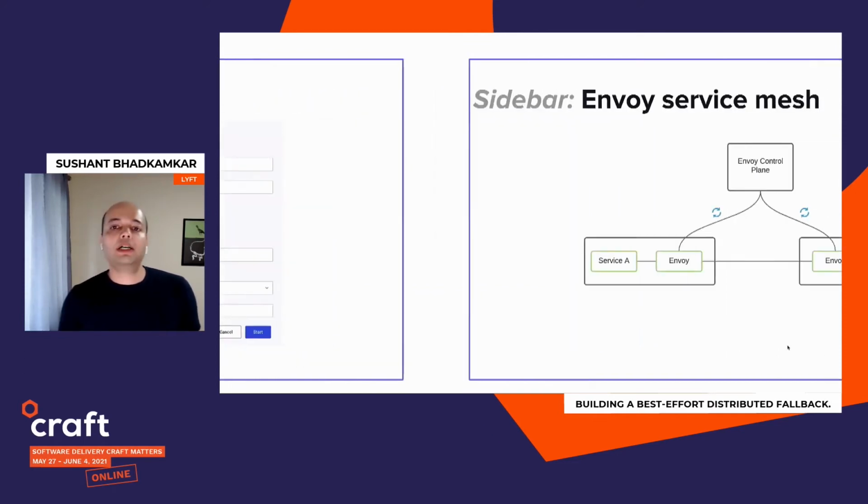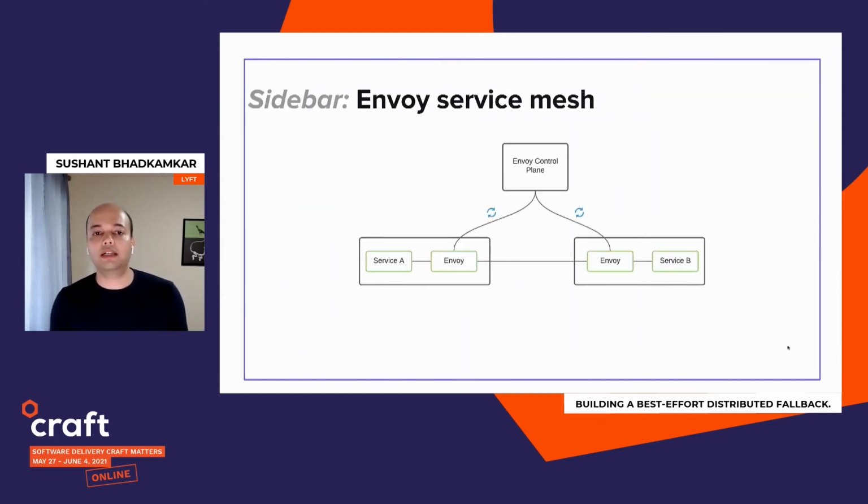Another sidebar to this is that we run a service mesh internally, which is Envoy. Envoy was started at Lyft and later open sourced. And we run an Envoy sidecar process.